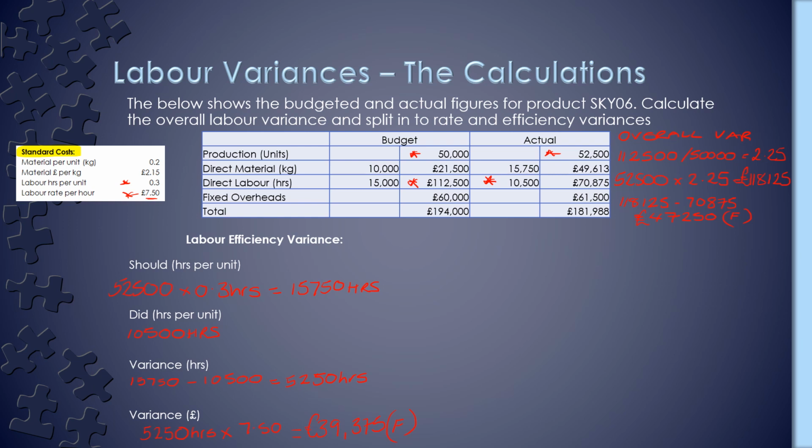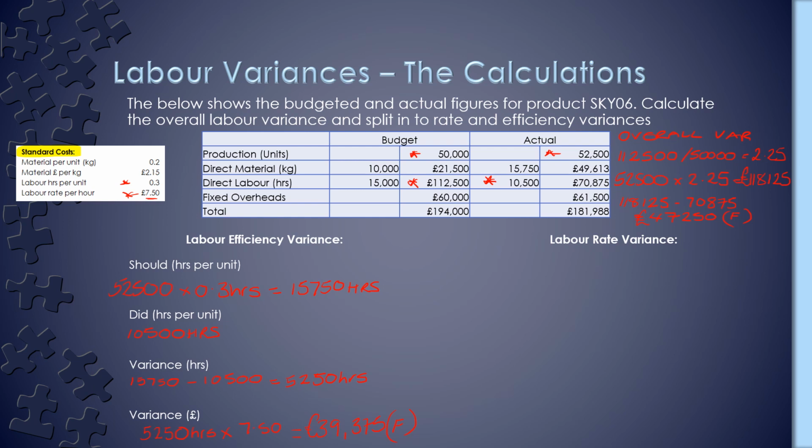We should have spent 15,750 hours making the actual units, but we only spent 10,500 hours. So therefore our variance is favourable of £39,375.